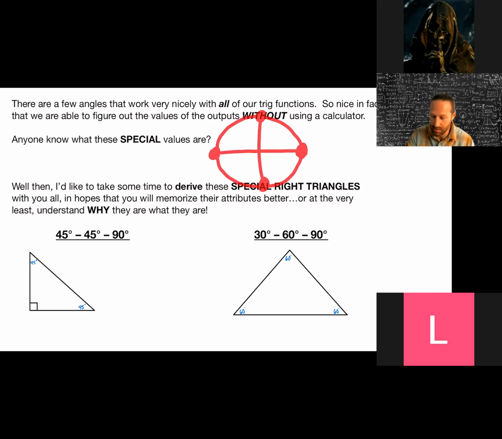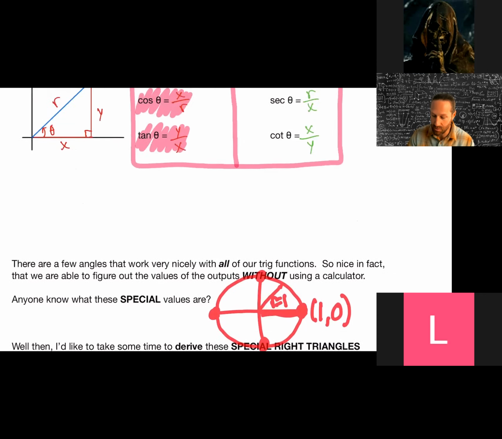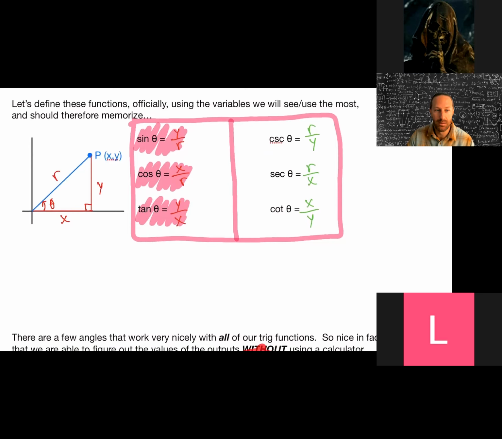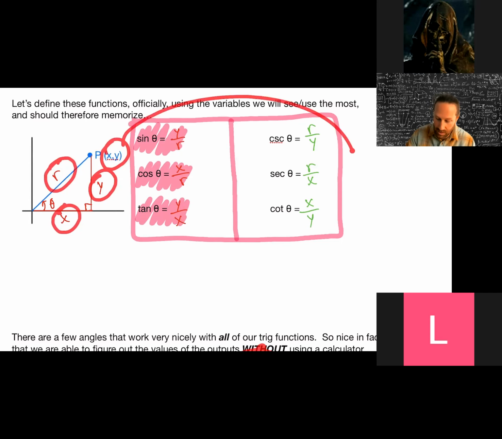Because if I'm here, and let's say that the circle's radius is 1, a length of 1, then I know that this distance to get there would be an x of 1, and I'd be up and down none. And remember what we just defined all these using? What three letters? So if we know the x, the y, and the r, then we can give any of the 6.